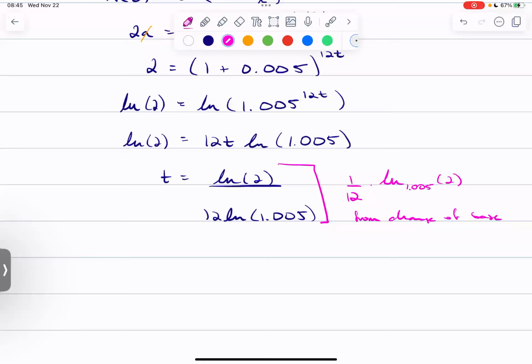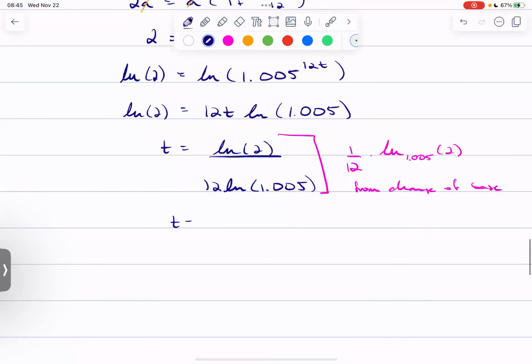But this is just a number, right? Natural log of 2 over 12 times the natural log of 1.005. They're all just numbers. And so we get, let's see here, log of 2 divided by 12 times the log of 1.005.